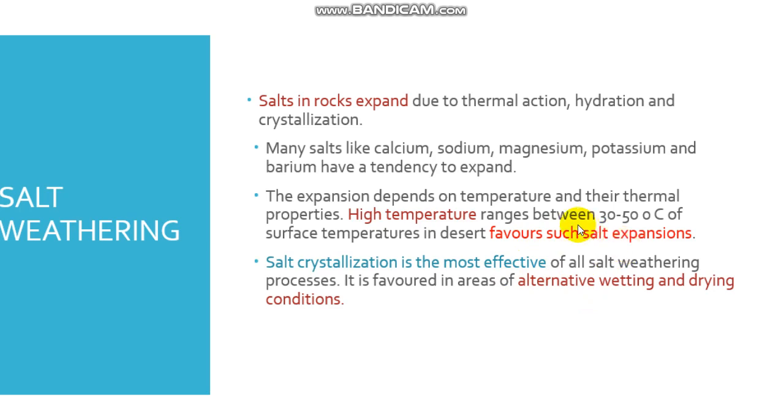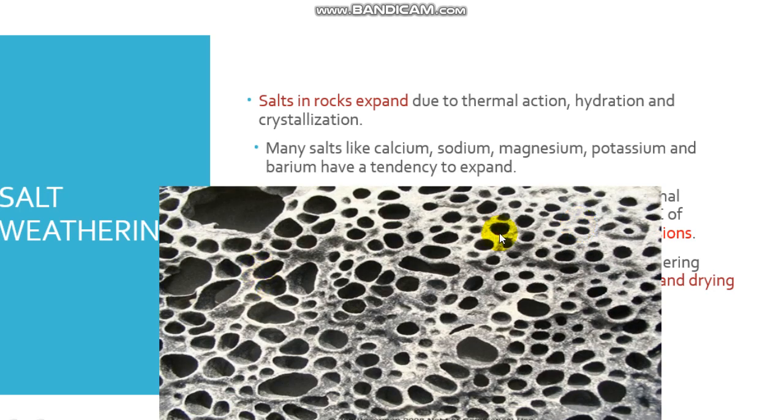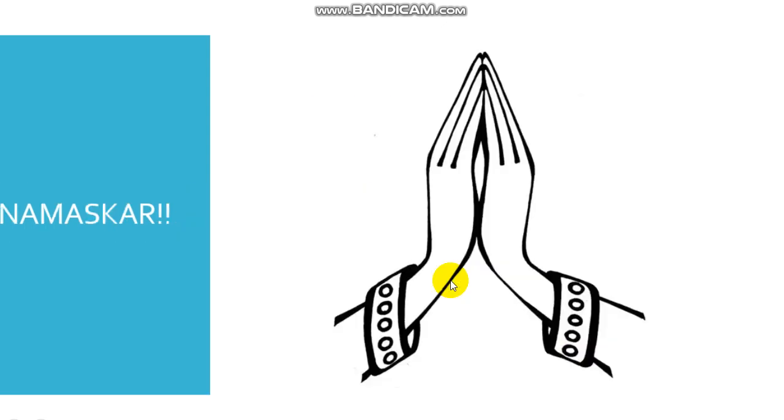Similarly, a structure like this could be formed. It causes the expansion of salt. This causes the rock to expand and contract, and it causes variance in pressure and force release, and that is why a structure like this could be formed.